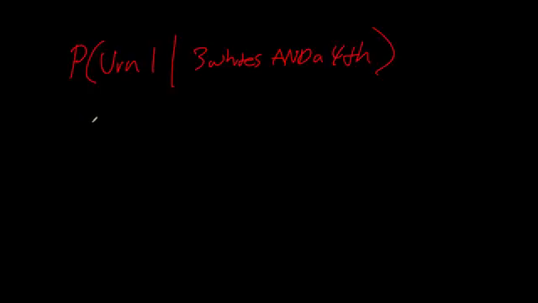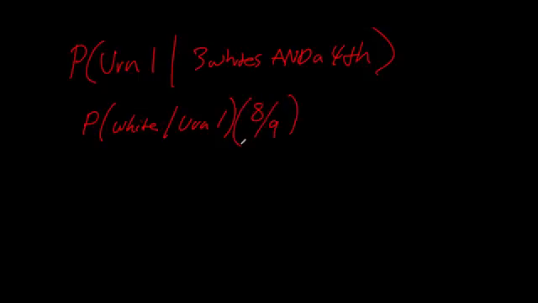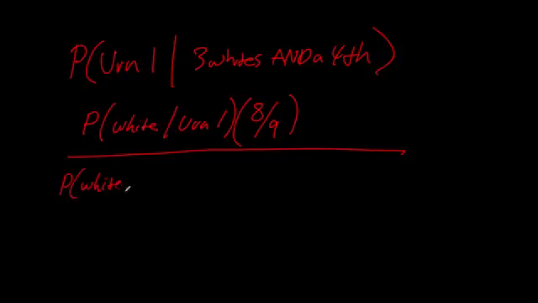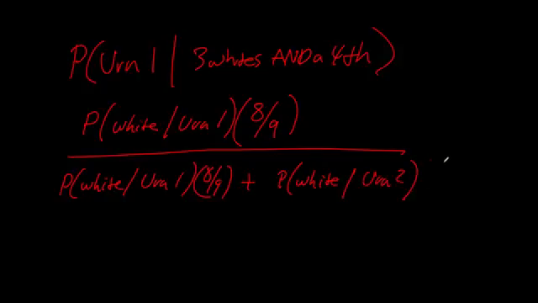So let me show you what I mean. The probability that we have urn 1 given 3 whites and a fourth would be equal to the probability that we would observe a white from urn 1, times the prior probability that that is the urn that we're observing, divided by the total probability of the data, which would be the probability that we are observing white given that it's urn 1 times 8/9, plus the probability of observing white given that it's urn 2 times 1/9.